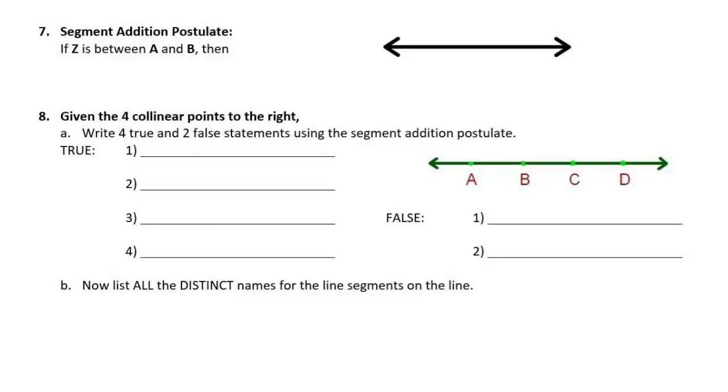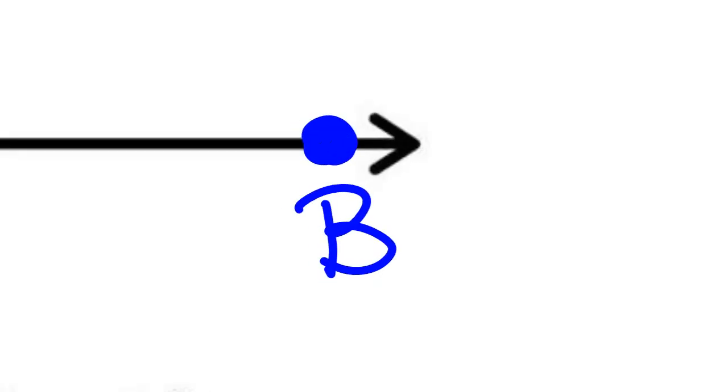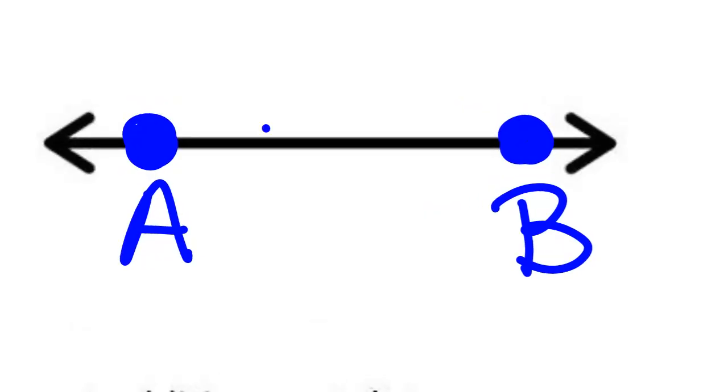If Z is between A and B, then... We're on page 8. So I'm going to put points A and B on here. Here's a point A. Here's my point B. It says that Z is in between those points, but it did not say it was at the halfway point.